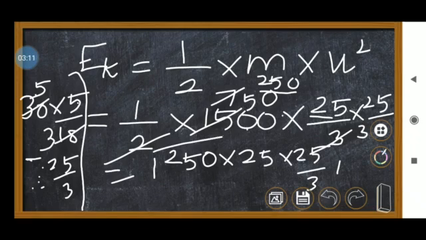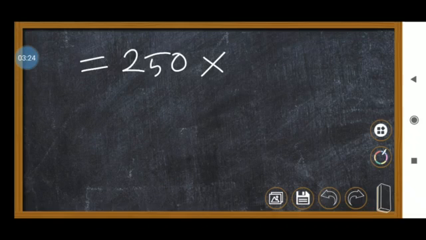So just multiply all those values and keep it in terms of 3. 250 into 25 into 25, we will get the value 625.